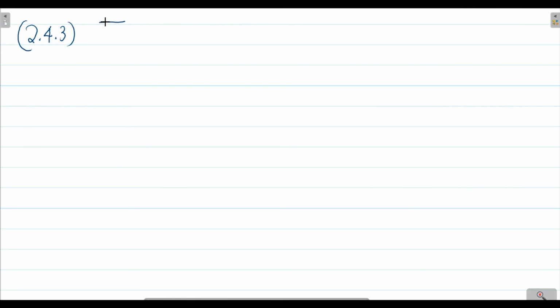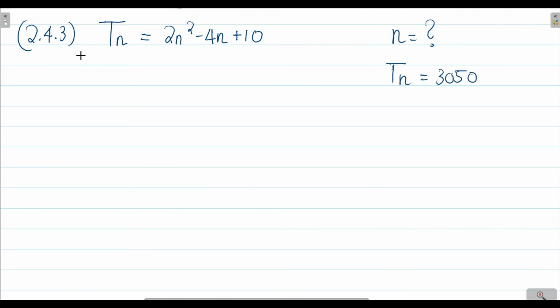We already know that the formula for the nth term of this quadratic pattern is 2n squared minus 4n plus 10. They want to find out which term will be equal to 3050. That is your Tn.